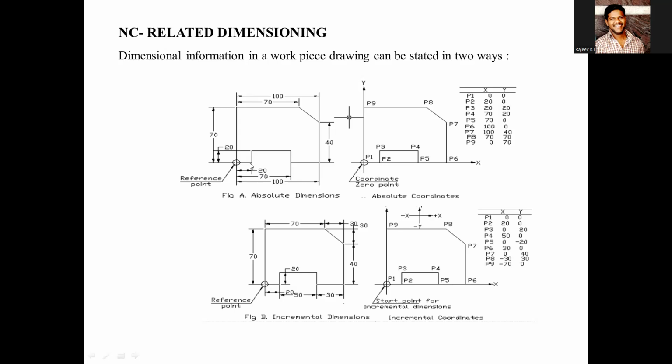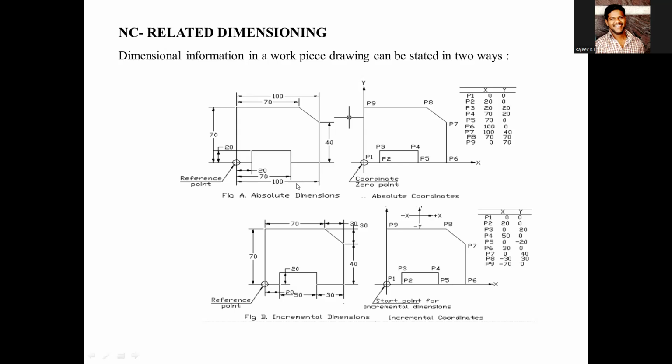P2 is this one, where x is 20, y is 0. In this case, x is 70. For P3, it is x 20, y 20, up to this point. Similarly, with respect to this point, we do all the dimensions. That is called absolute dimension.